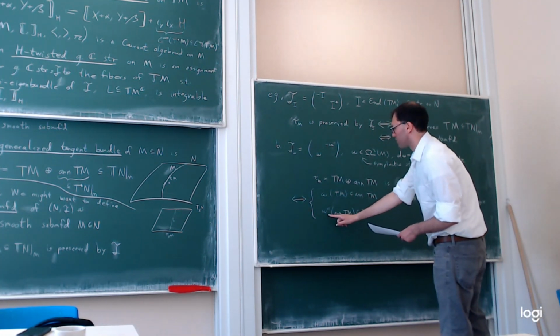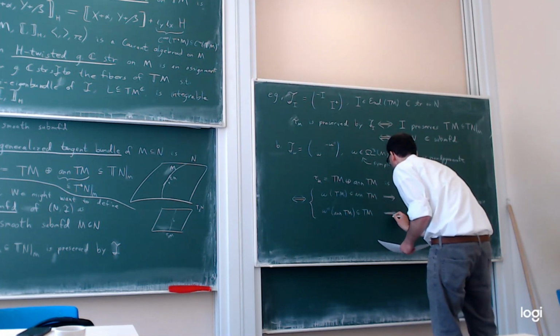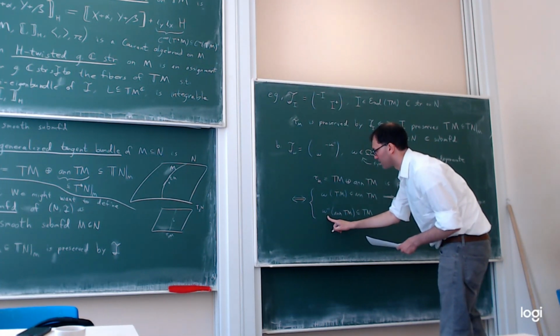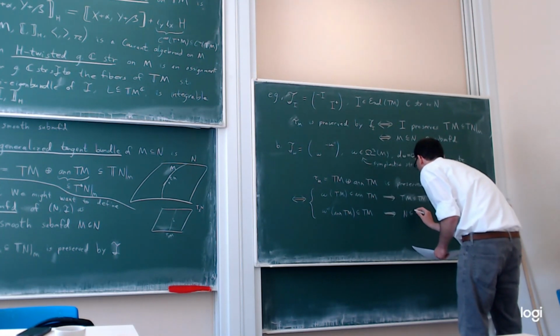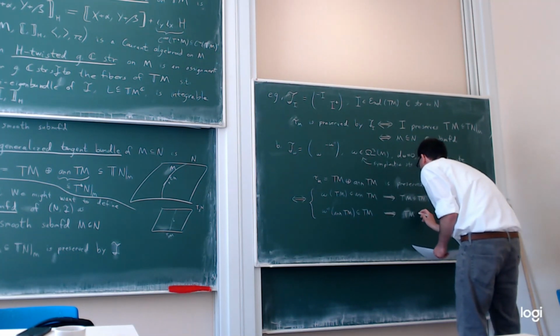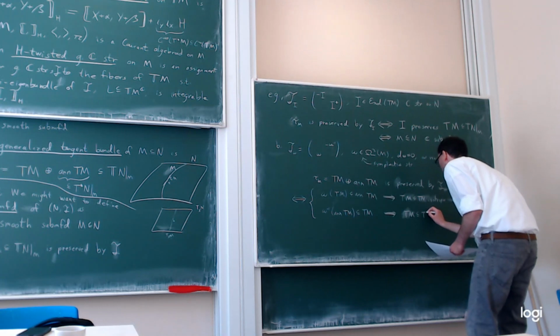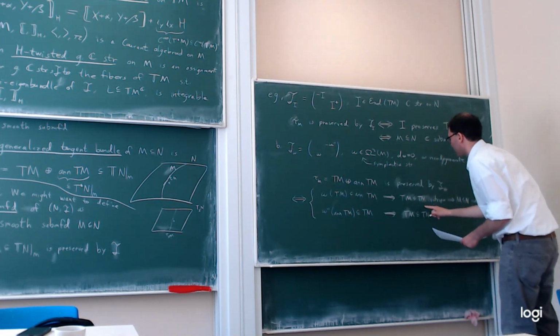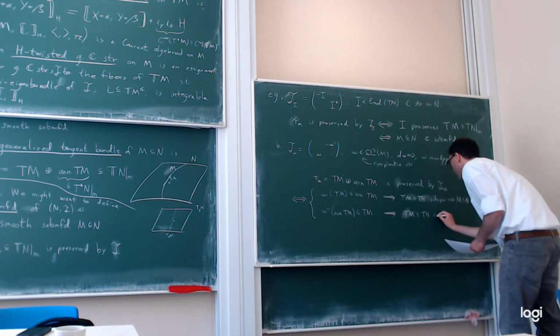Similar reasoning applied to the second case means that the tangent bundle to M, as a subspace of the tangent fiber of N in the linear symplectic space, is co-isotropic.